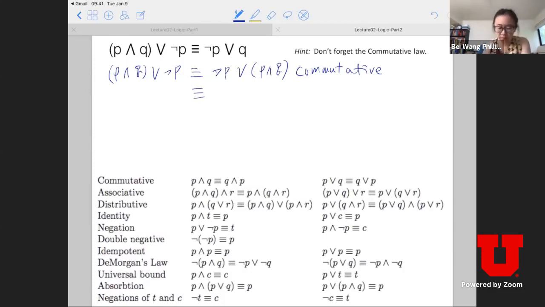Next thing I do is, okay, this might be a good candidate for the distributive rule. So I'm actually going to apply this distributive rule. If I bring in distributive, I'm going to do not P or P, and, well, let's be a little bit careful here.